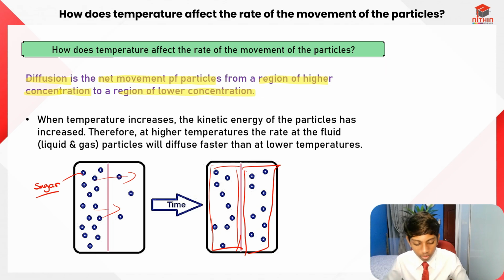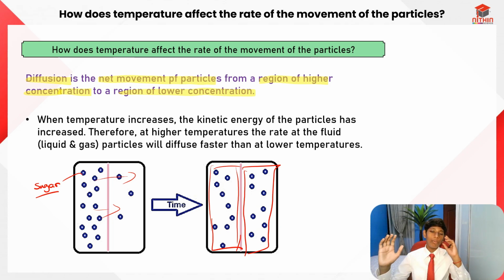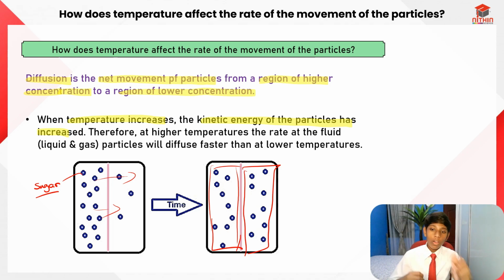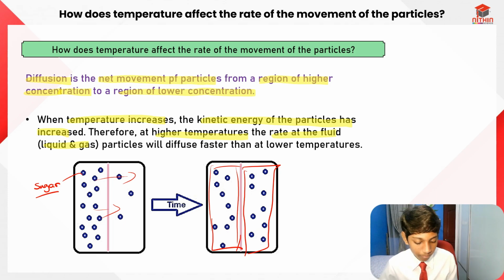Now that you have learned about diffusion, the net movement of particles from a region of higher concentration to a region of lower concentration to even it out, let's take a look at this question: how does temperature affect the rate of movement of particles? When the temperature increases, the kinetic energy of all the particles increases. Therefore, in a fluid, liquid or gas, particles will diffuse faster at a higher temperature than at a lower temperature.